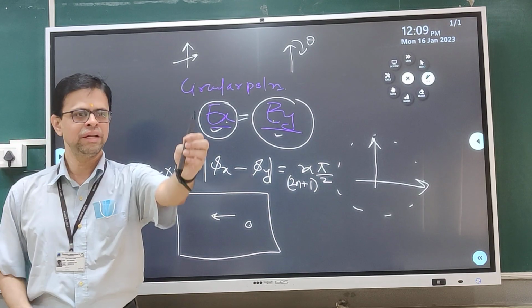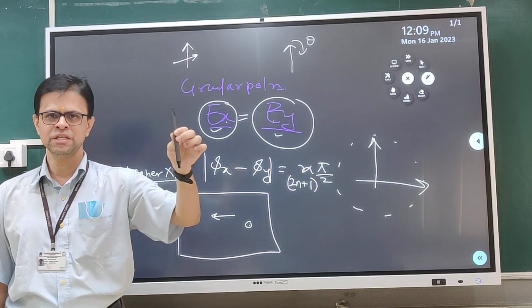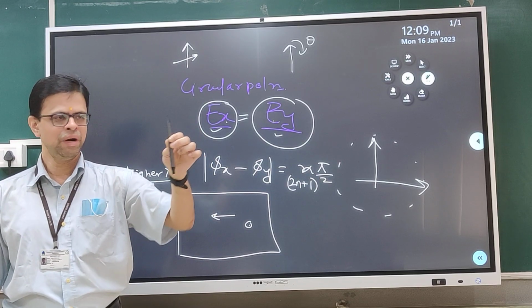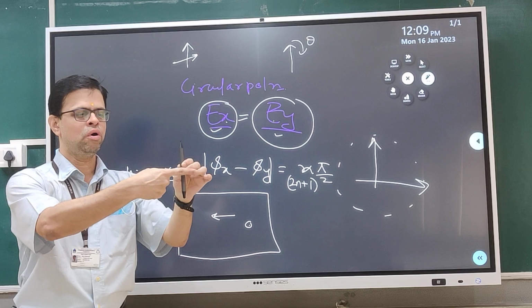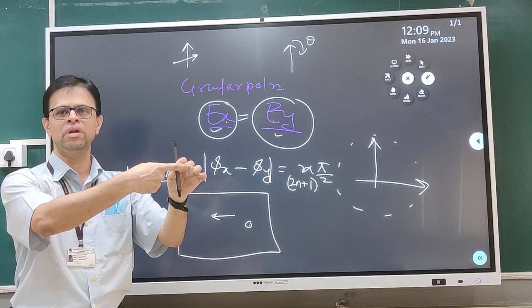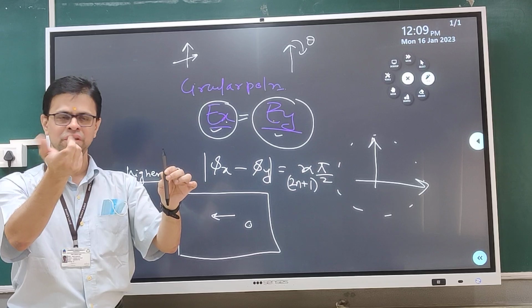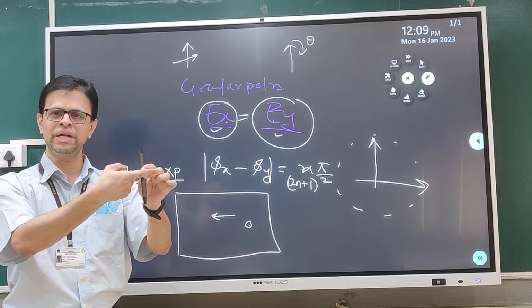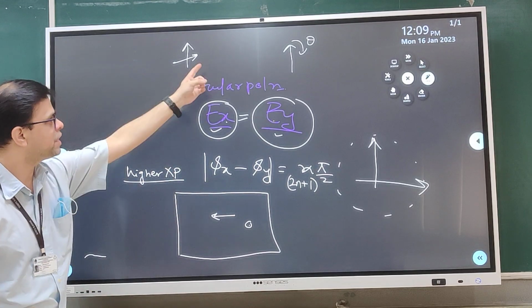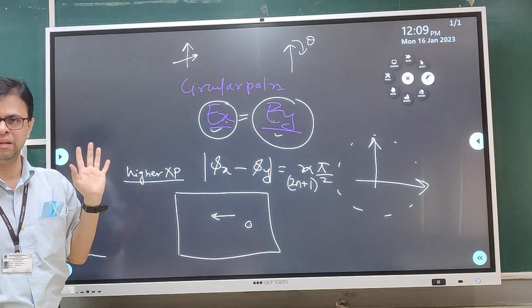Why? Because the antenna polarization coming is this way, but my antenna is orthogonal to the incident polarization. But still, when the cross polarization contents are there, I am able to extract some signal.